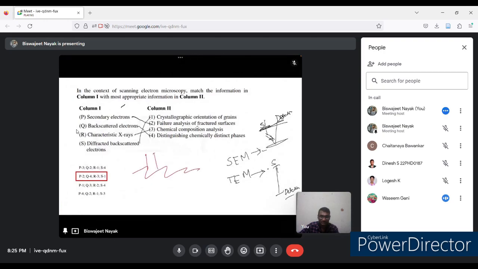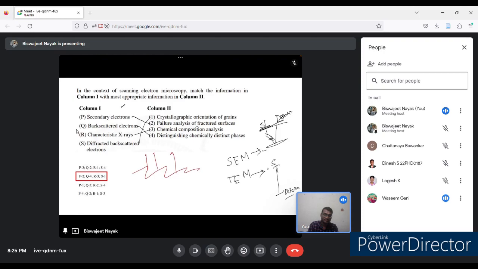So this is basically taking the surface topography, mapping the surface and taking the information from it.